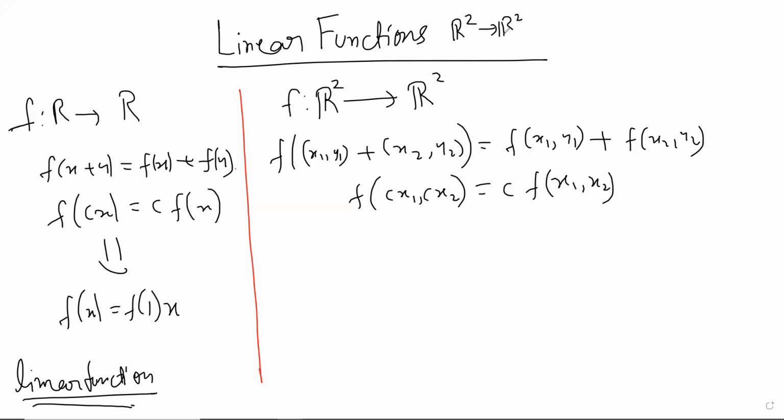Yes, that is one way to say it. It goes to x1 plus x2 comma 0. Sorry, I didn't understand. F of x1 comma x2, you're saying. Why would you put that? Okay, like this you're saying.